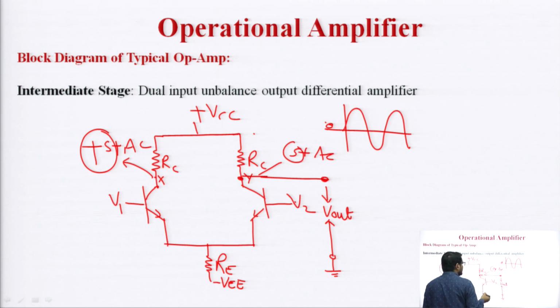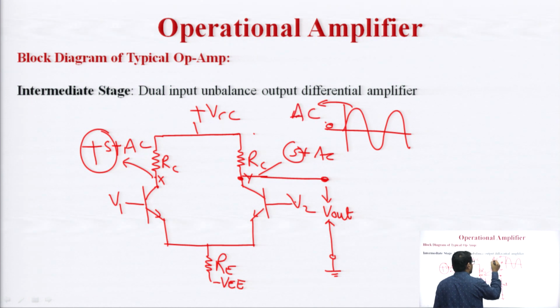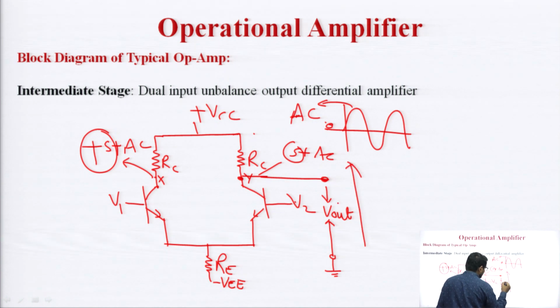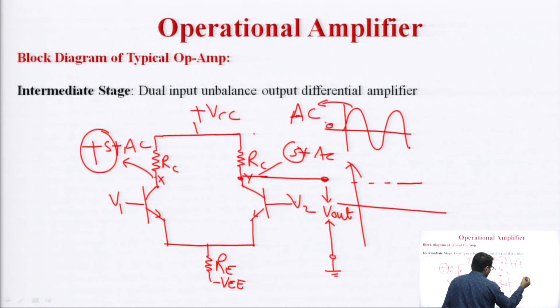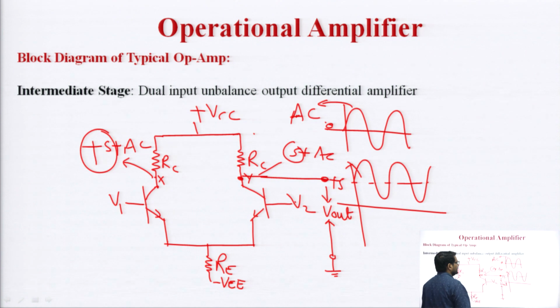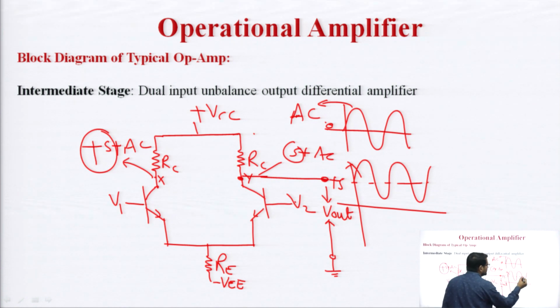If it contains DC 5 plus AC, like a sin omega t or a cos omega t, it looks like a sine wave. If 5 plus AC comes out at the output stage, the zero mean will be shifted to 5 volts, and the signal looks like this. This will happen at the output of the intermediate stage.